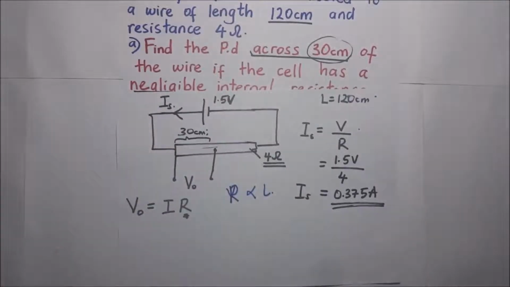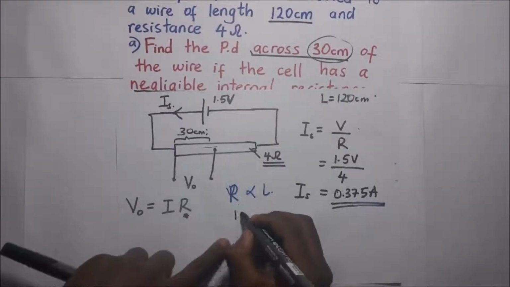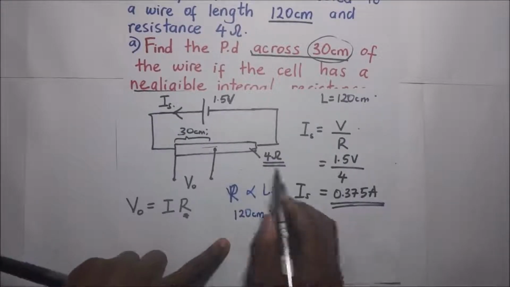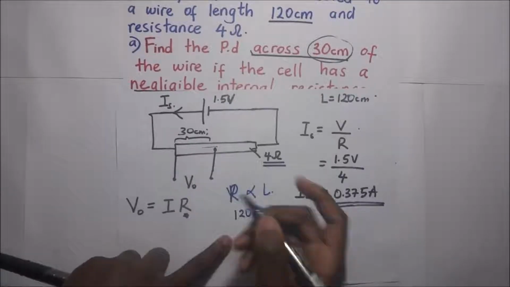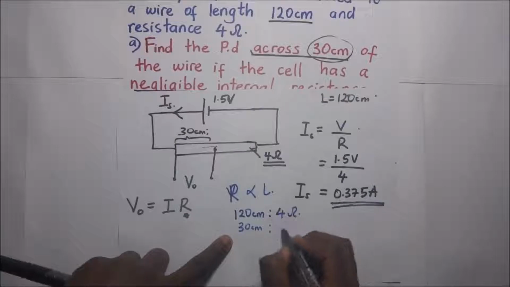So to find the corresponding resistance of that portion of the wire, we say that 120 centimeters is equivalent to 4 ohms. So what about these 30 centimeters? What resistance will it correspond to?